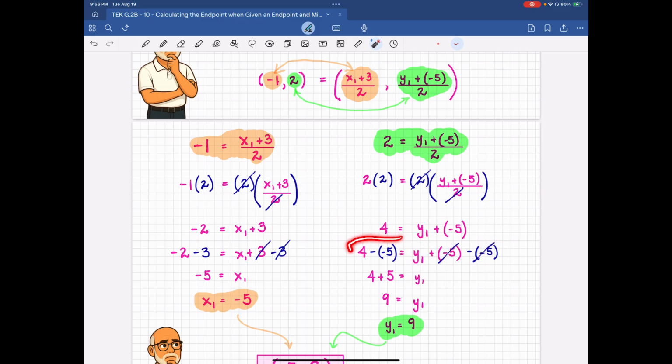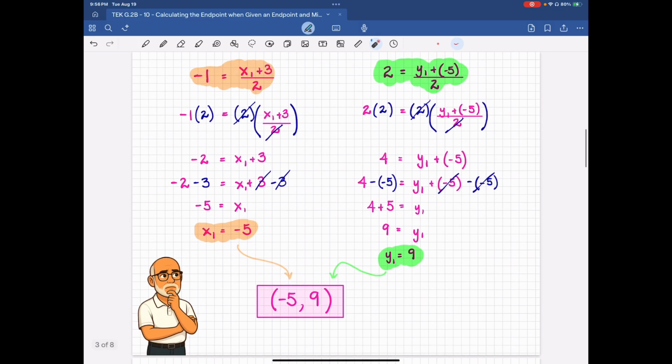So we're going to simplify 4 minus a negative 5. You know that when you subtract a negative, it turns into an addition problem. So instead of 4 minus a negative 5, it now becomes 4 plus 5. 4 plus 5 is equal to 9. So y1 equals 9. I'm going to flip it around, and I have y1 equals 9.